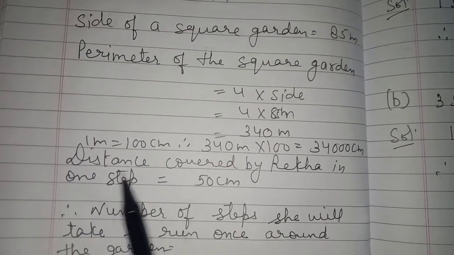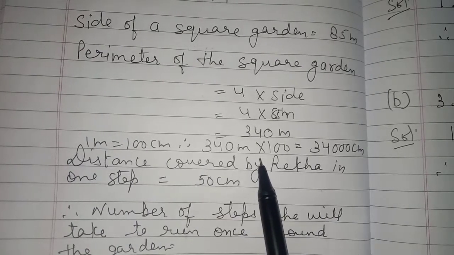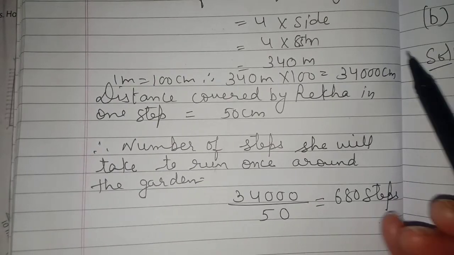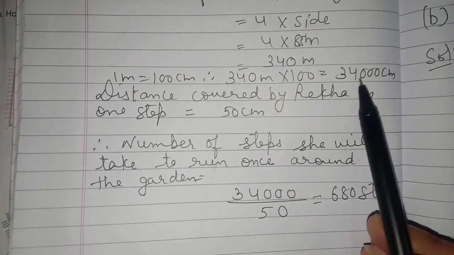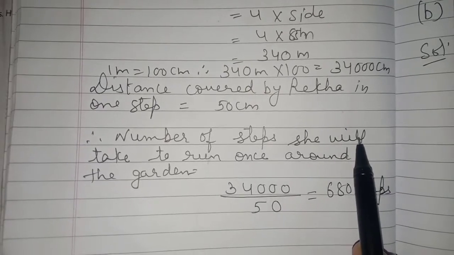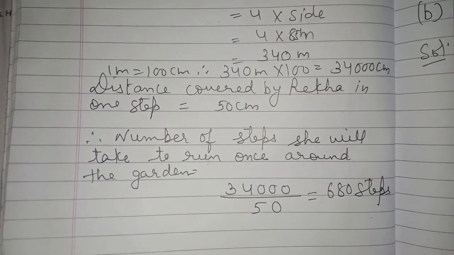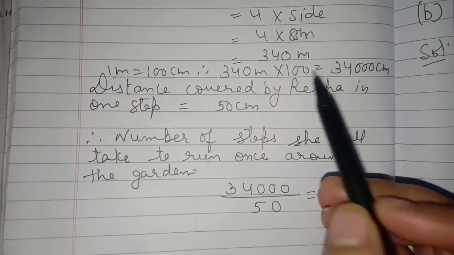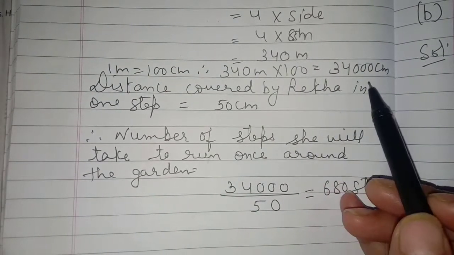As we know, 1 meter is equal to 100 centimeter. Therefore, we have to convert this 340 meter into centimeter. So it will be 34,000 centimeter, because her one step is given in centimeters, so we have to convert this perimeter into centimeters.